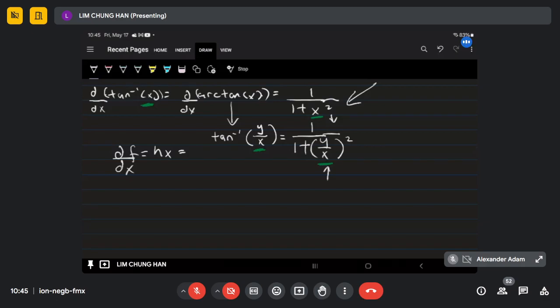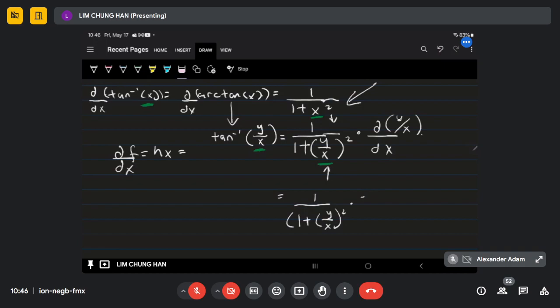You actually have to times this term. You have to times the d over dx of that term inside, y over x, which will give you 1 over 1 plus y over x squared times what?